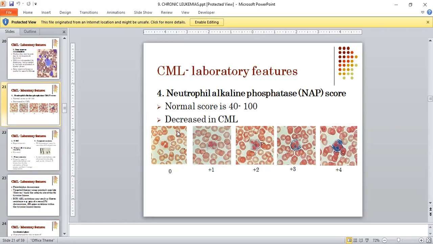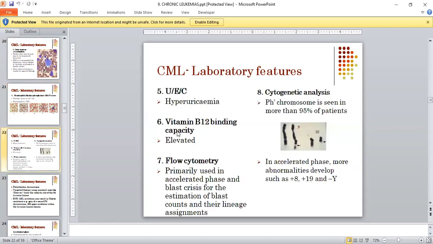The normal score is 40 to 100. So deviations from this can help you diagnose. UECs, you will find hyperuricemia. Vitamin B12 will be elevated. Cytogenetics, of course, we've said you will definitely get the Philadelphia chromosome.